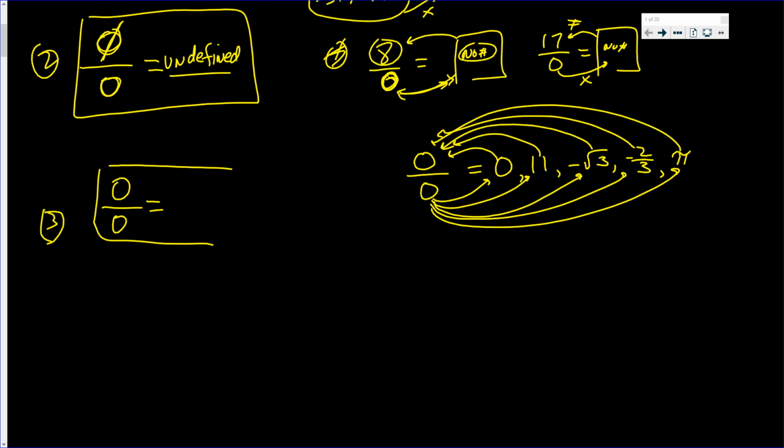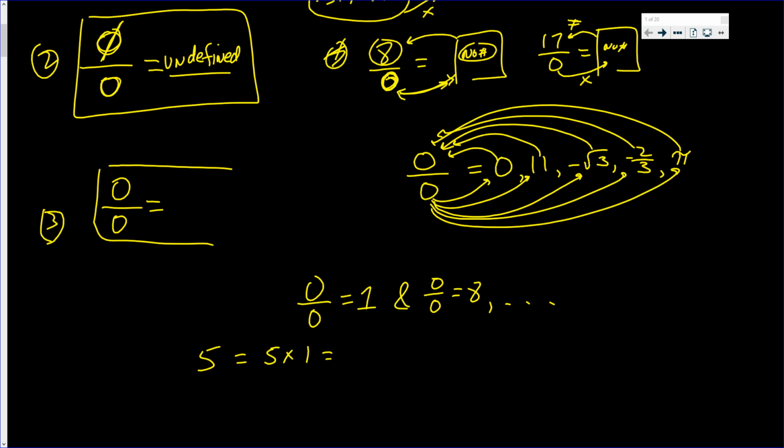But that's going to create problems. Because, for example, 0 over 0 can equal 1, and 0 over 0 can equal 8, plus many other values. So 5 is equal to 5 times 1. Nobody would argue that.